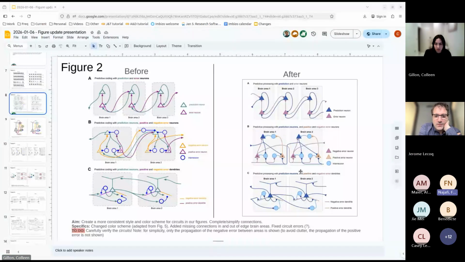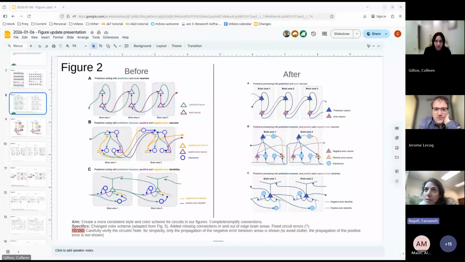Question. Am I seeing this right in panel B, that the negative error is receiving the prediction with a negative sign? So it subtracts the prediction from the bottom-up input, right? Right, because it's doing positive and negative subtraction. So you have sensory minus prediction.